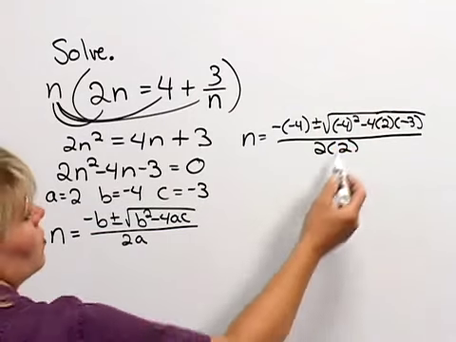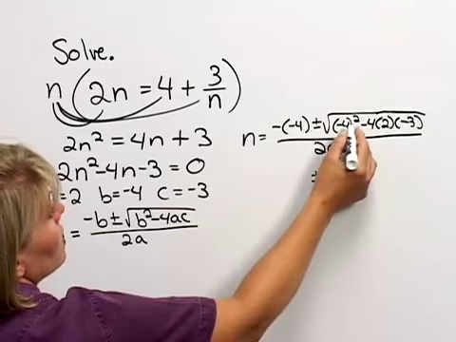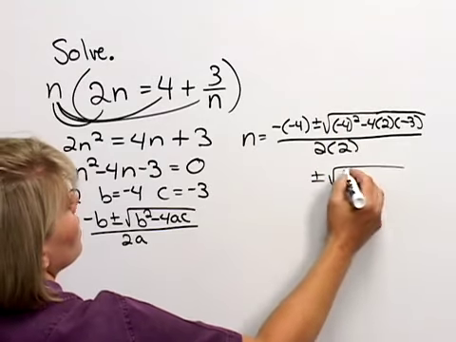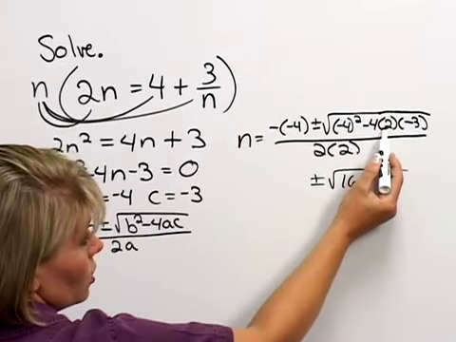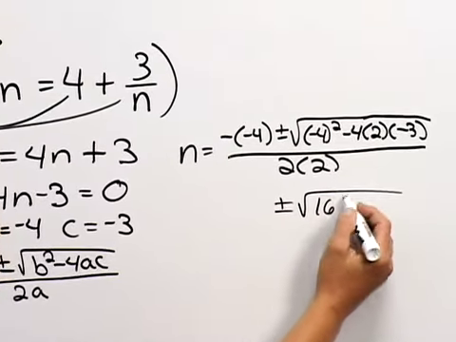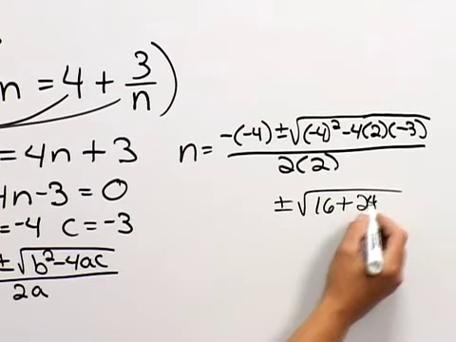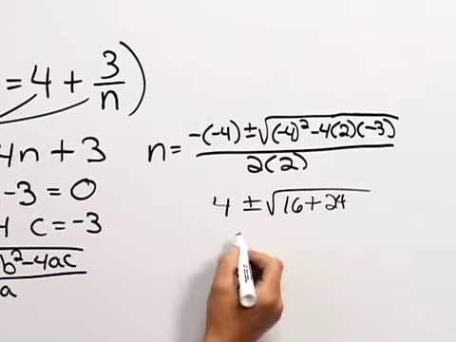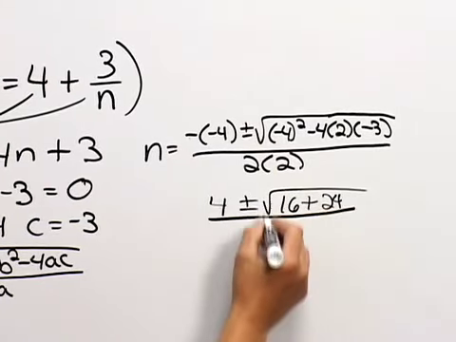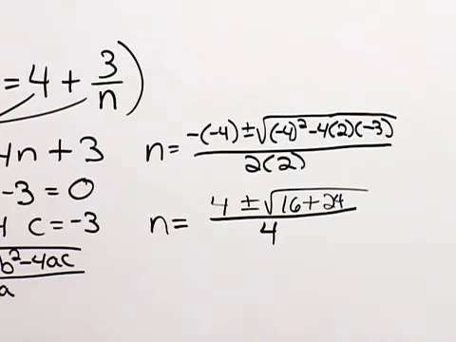Now we'll start simplifying inside our square root, and that's going to give us negative 4 squared will end up being 16. And then here, negative 4 times 2 is negative 8 times the negative 3 is positive 24. Here, the opposite of negative 4 is a positive 4. And in your denominator, we have 2 times 2, which is 4.